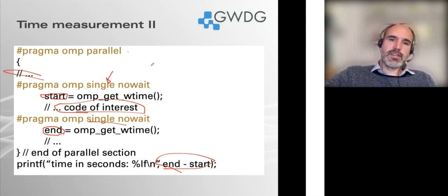What else do we see here? We have again nowait, because if you don't put this here, other threads would wait until this single thread gets the time, and then they would continue afterwards with the code. So you can speed up a bit if you let the other threads pass directly to the code of interest.